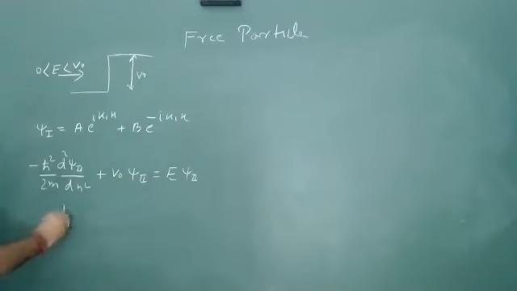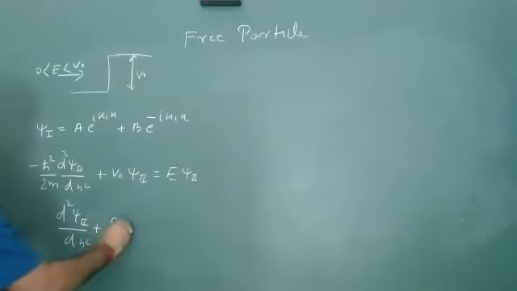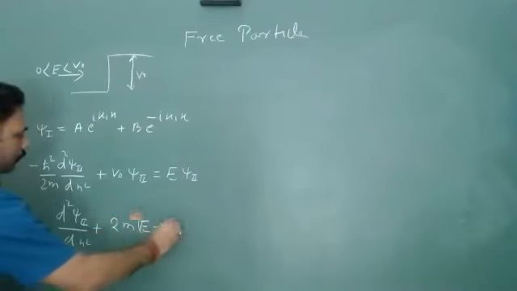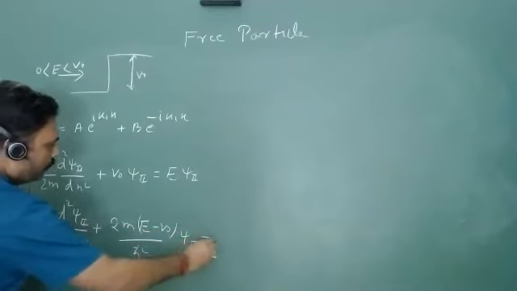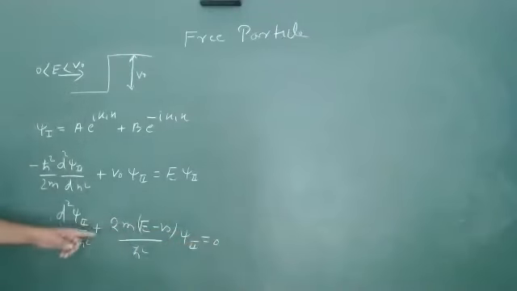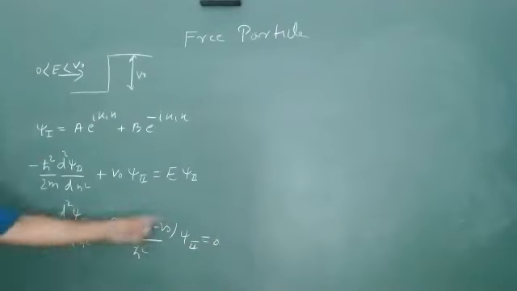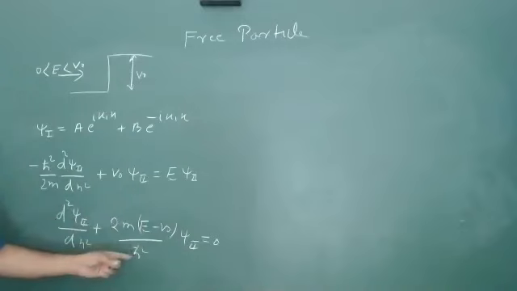Now this equation can be written as d square psi 2 upon dx square plus 2m (E minus V naught) upon h cut square psi 2 equal to 0. You have to keep in mind that E is less than V naught, so I have to make this equation positive.